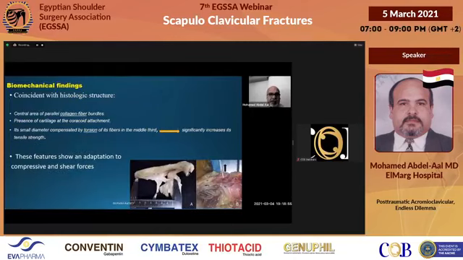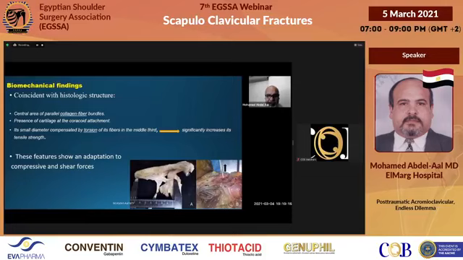Regarding the biological findings of this ligament, its anatomy is coincident with the histological structure. Its central part is formed of parallel collagen fiber bundles, and there is a cartilage cap at its attachment to the coracoid process.